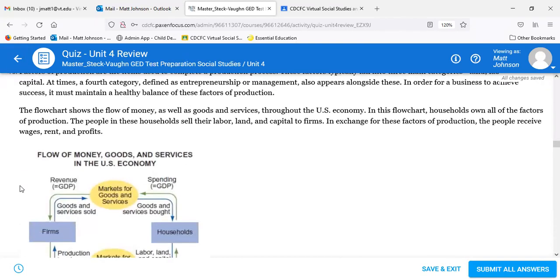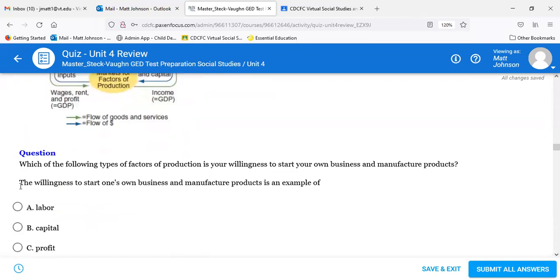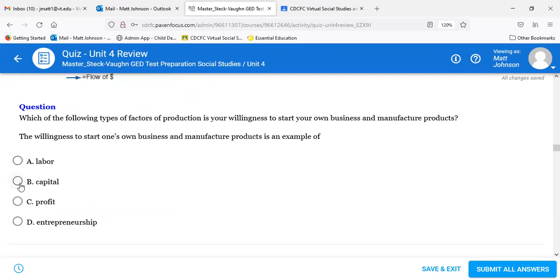And 10, our same flow chart, our same passage. Let's go back to Nilda. Could you read number 10 for us? Which of the following types of factors of production is your willingness to start your own business and manufacture products?